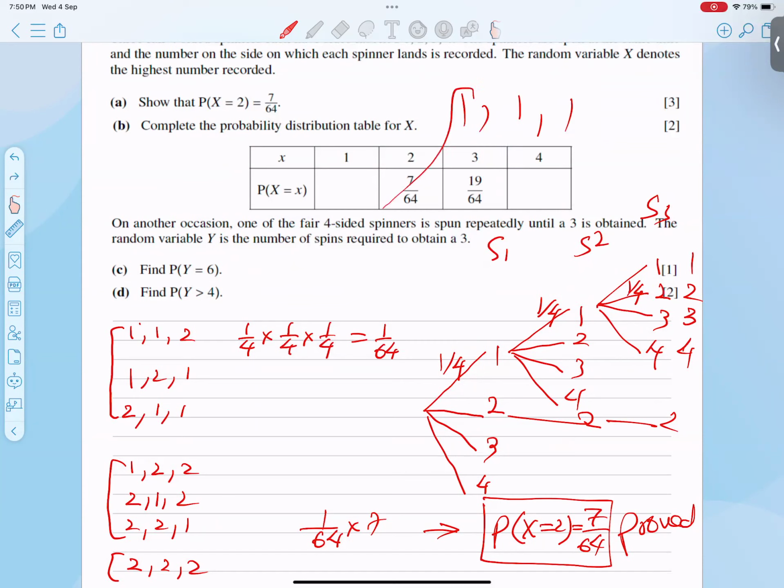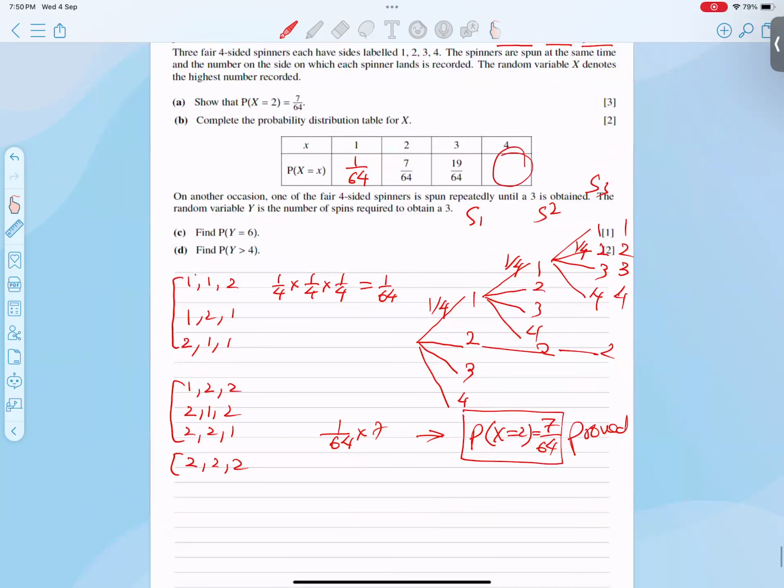So what is this? 1 by 4, 1 by 4, 1 by 4. I can say here this is what, students? This is 1 out of 64. If someone asks me how to get this answer, I count the missing probability as x. So this plus this plus this equals 1. Look, I'm writing below: 1 over 64 plus 7 over 64 plus 19 over 64 plus x equals 1.